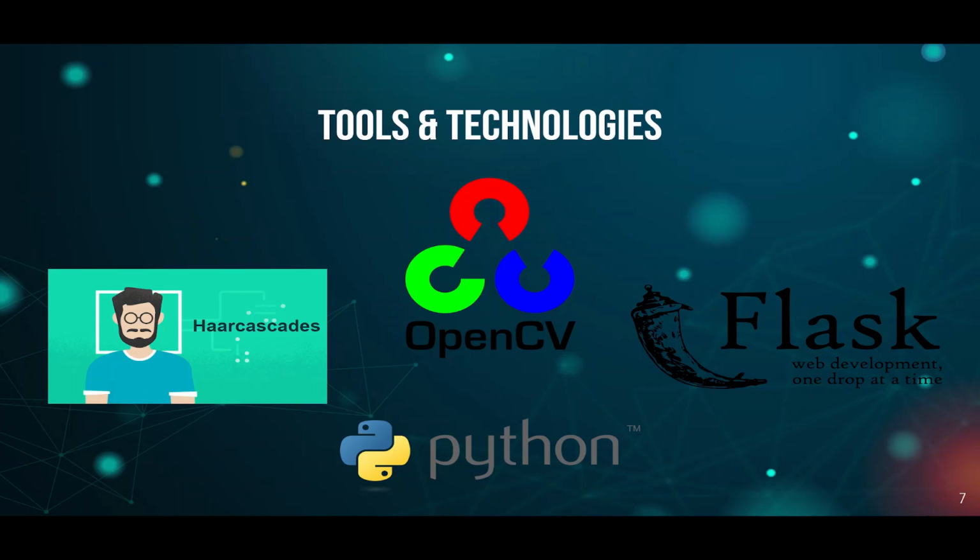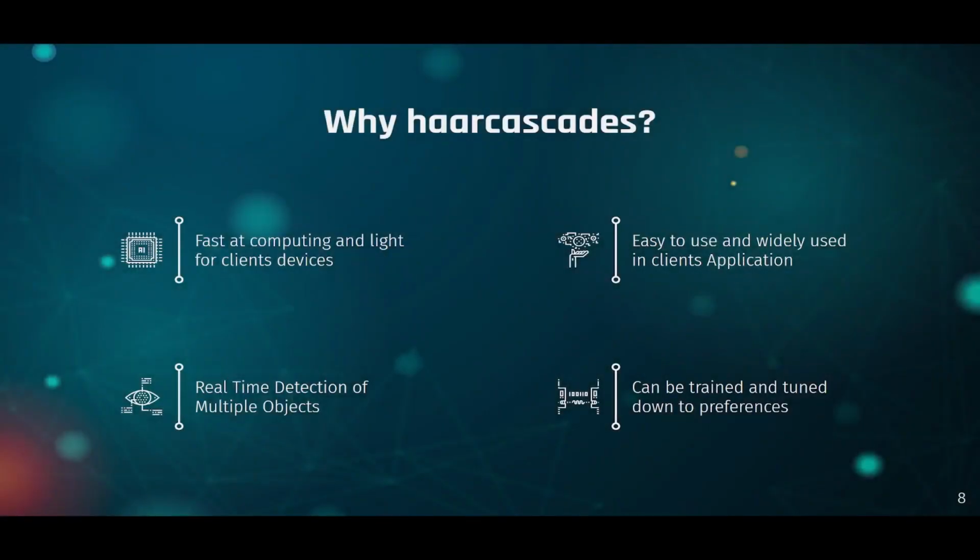So moving on, why did we choose Haar Cascade and not the most sophisticated TensorFlow, CNN or something? Simply put, our application is gonna be run on the client devices, and the client devices are not that powerful. So we have to make a fast model that is light for client devices. The second point is that Haar Cascades are easy to use and are widely implemented in a lot of clients' applications.